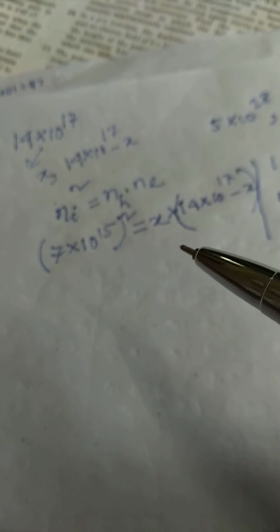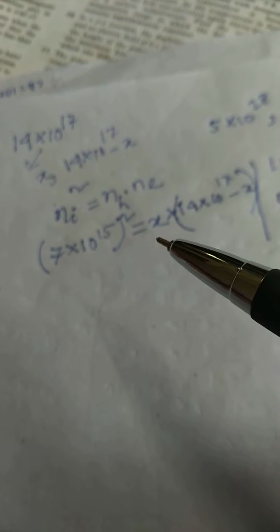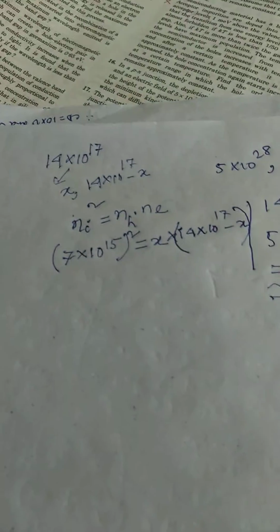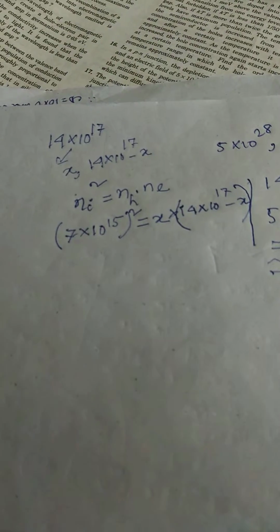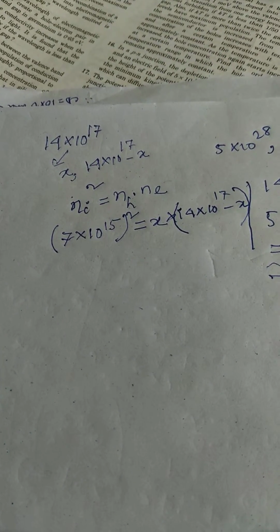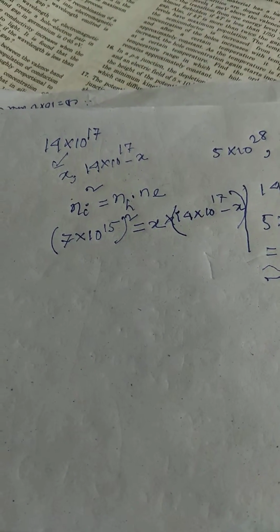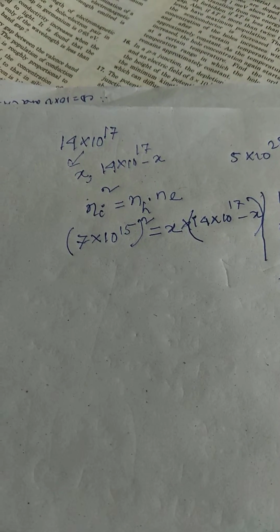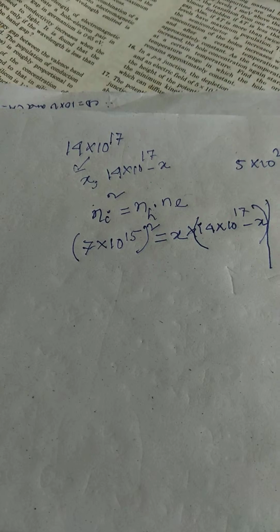Intrinsic concentration square is the new. So solving you will get x. What is x? X is the new concentration of hole.